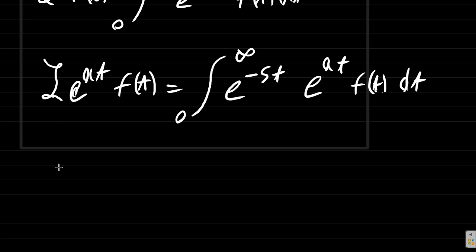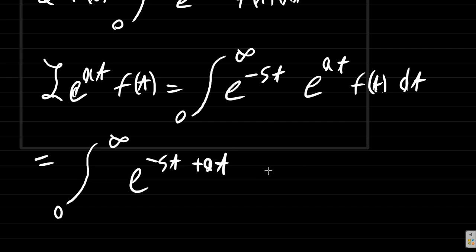Now, what is this equal to? Let's use our knowledge of the rules of indices. You see that e is raised to the power of negative st here, and e is raised to the power of at here. So it is equal to the integral from 0 to infinity of e to the, what you do is add the powers, negative st plus at, f of t dt.